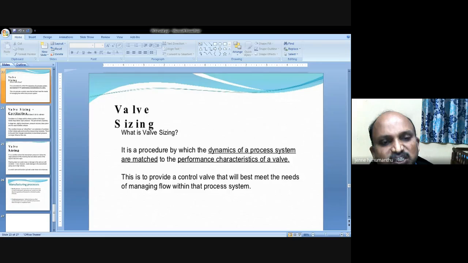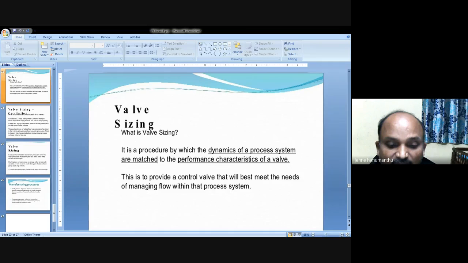If it is vapor, you select another inch. You select different valve sizings for different allowable fluids. That depends upon the flow rate and specific gravity of the input we are allowing. This is about control valve sizing.